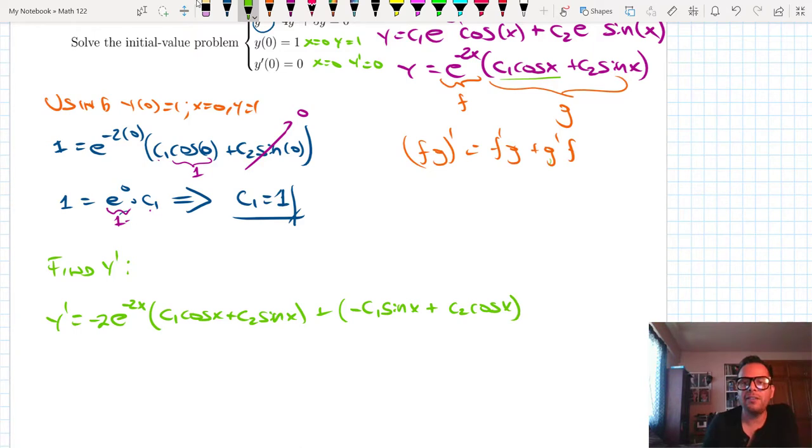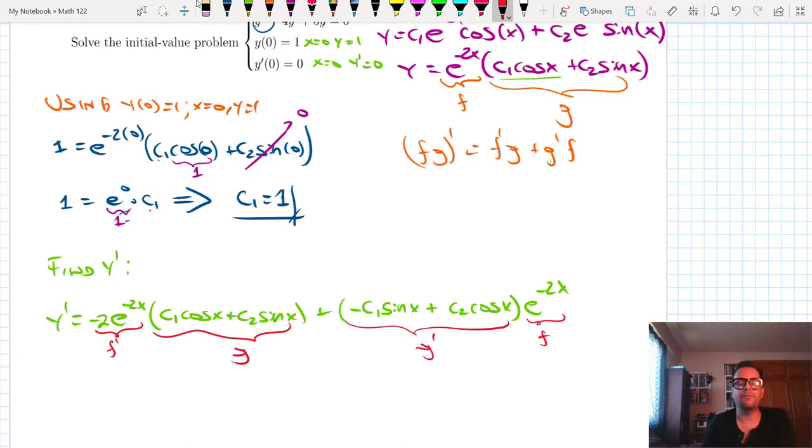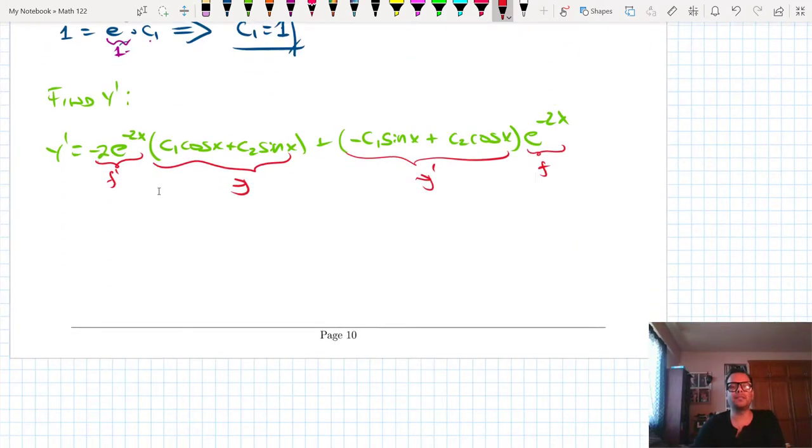That times e to the negative 2x. So what do I have here? f prime g plus g prime f. All right, that's what we have here.